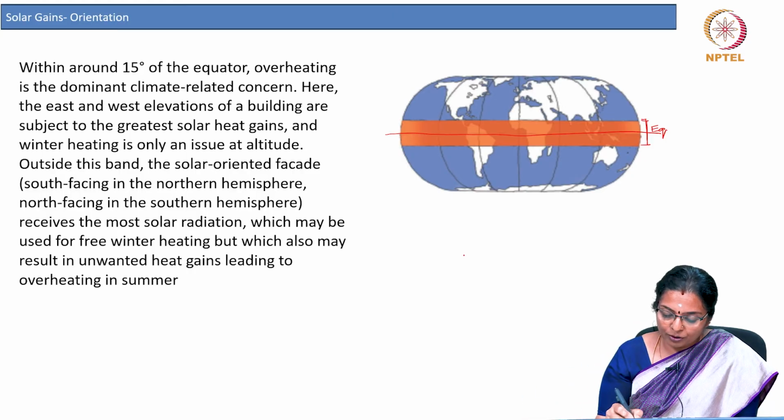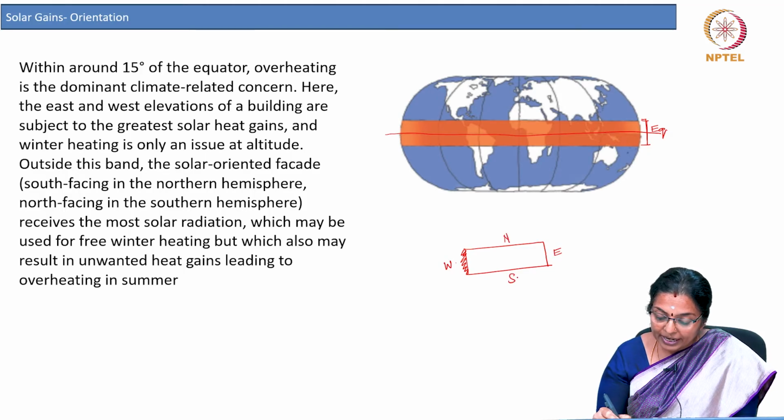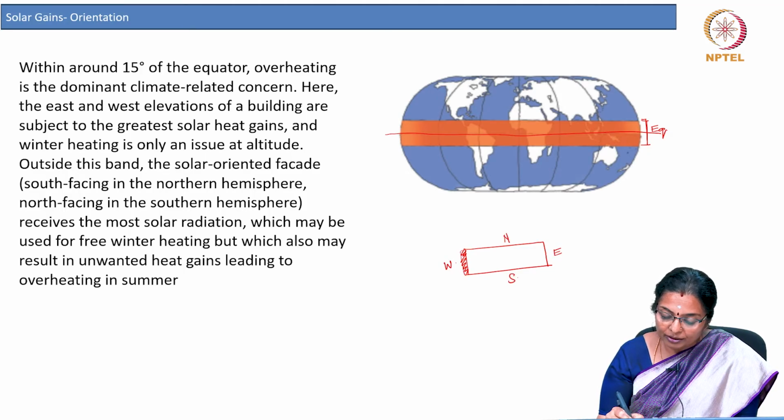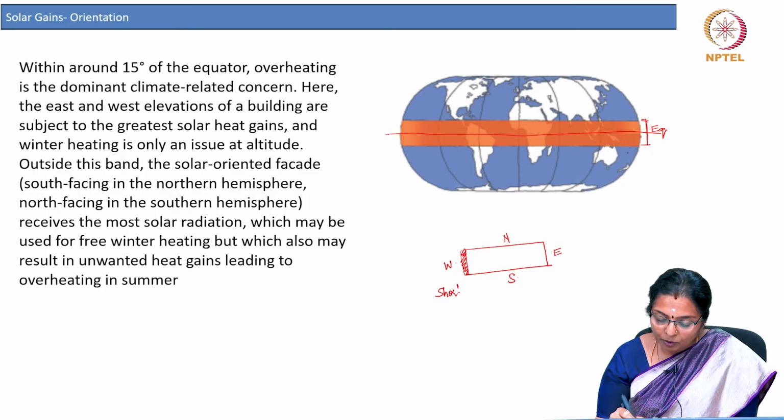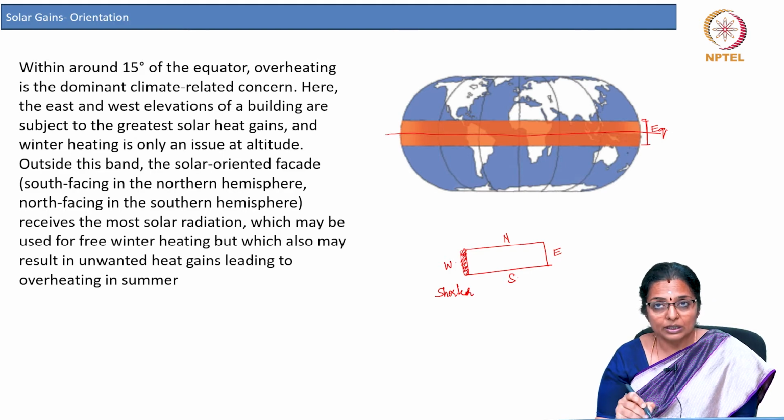In this kind of climate, you have to be very careful to ensure that your west facade, the western side, is insulated and it is short. So, it is a shorter side. I will keep on repeating this during the course of this lecture also.